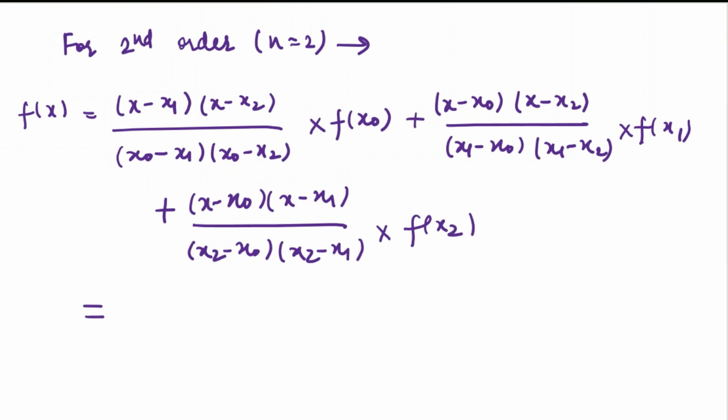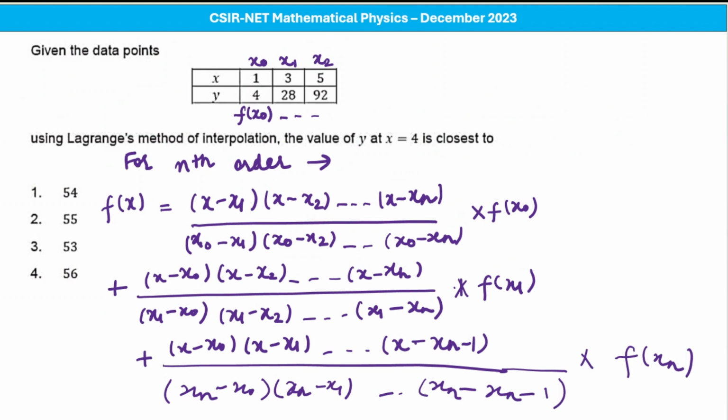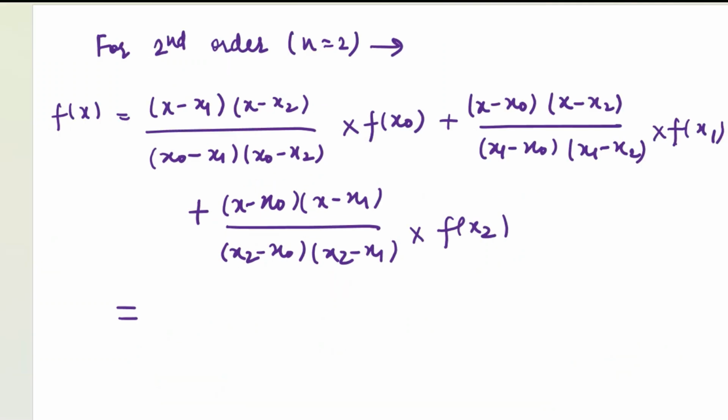Now just put in all the values from this table, 1 3 5 and 4 28 92, and x is equal to 4 here.